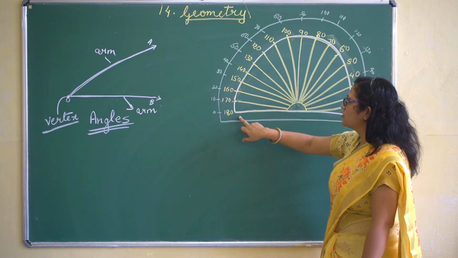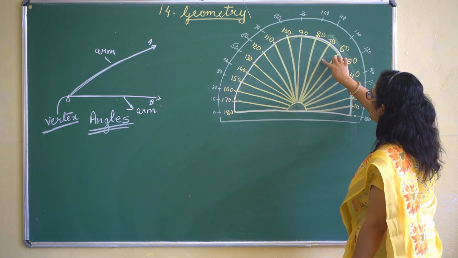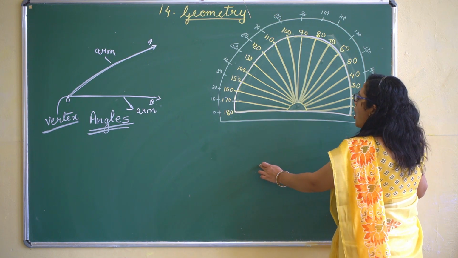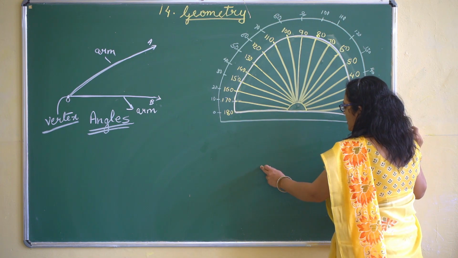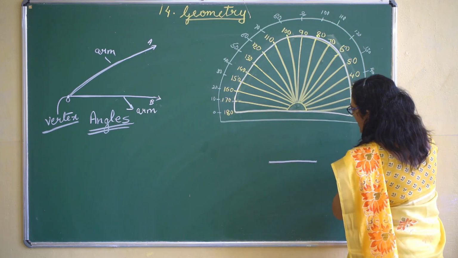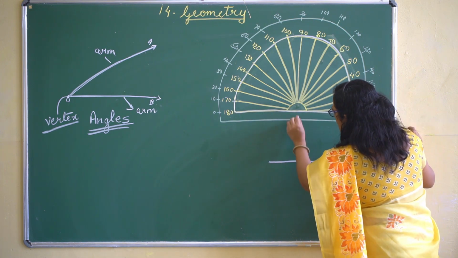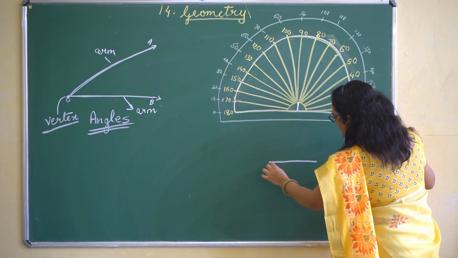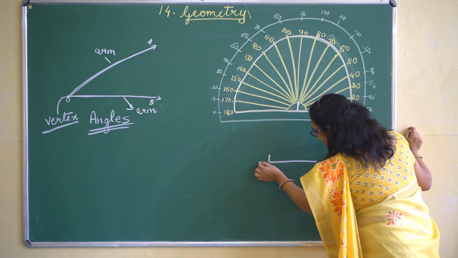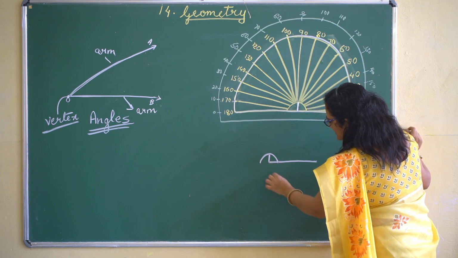If I ask you to draw an angle of 70 degrees, what will you do? You will keep the protractor on the paper or in your notebook like this, draw a line, and keep the center point on this line. Your protractor's half semicircle will come like this.